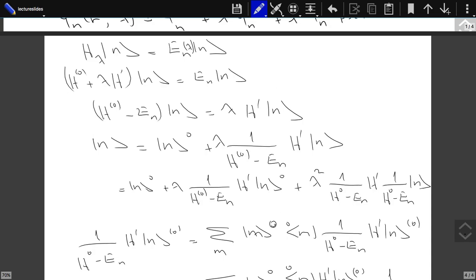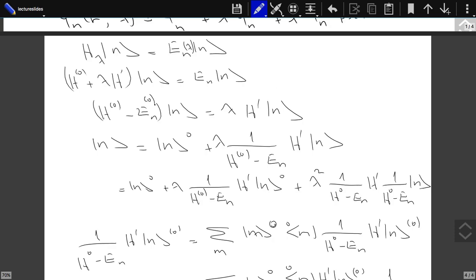Okay, I made a mistake over here. You see, I have to separate this E_n into E_n0 plus the correction. Now the reason is this is not the solution of this homogeneous equation, unless I make that separation. So let me just correct it. This is E_n0.